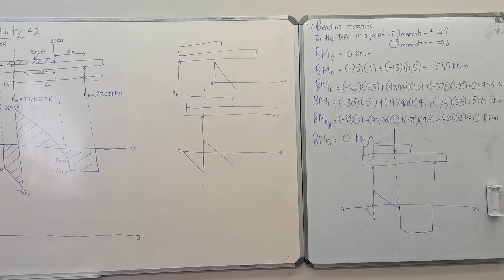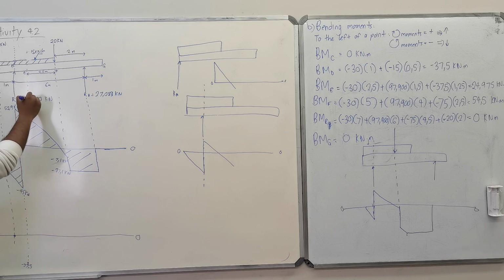Okay, bending moment diagram. We got our values for bending moments. Right? So it's going to start at that point there. And bending moment at C is 0. Okay? Then your bending moment at D, we said is 37 minus 37.5. Then the bending moment at E we worked out.